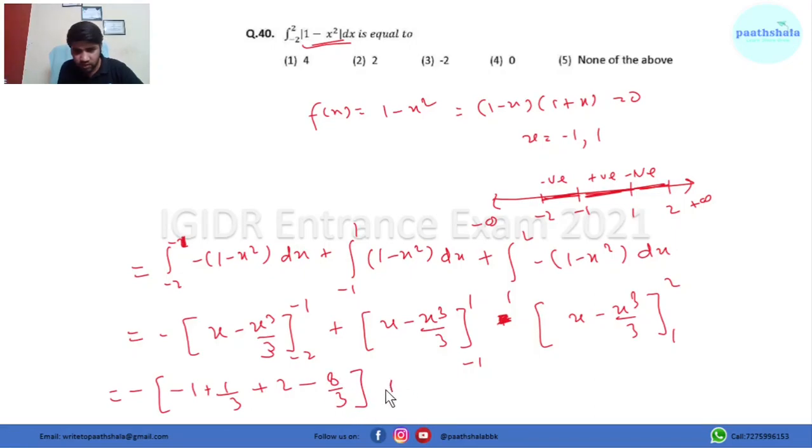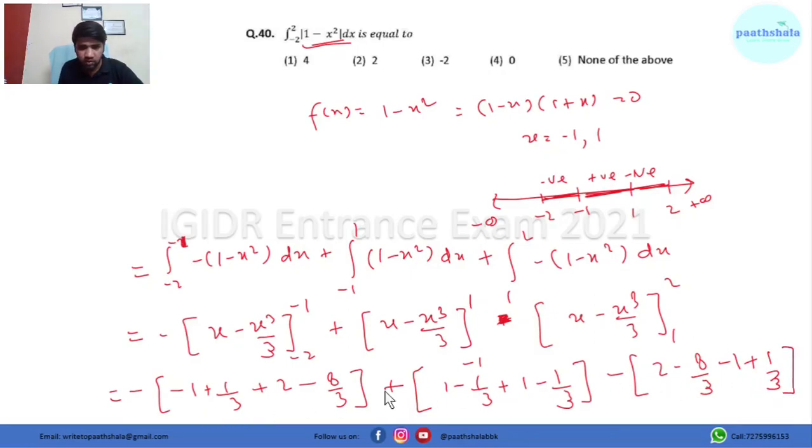And here, when you put the limits, 1 minus 1 by 3 and minus 1, this becomes plus 1, and ultimately minus 1 by 3. And when you put 2, this will be 2 minus 8 by 3, and when you put 1, this will be minus 1, and minus minus plus 1 by 3.